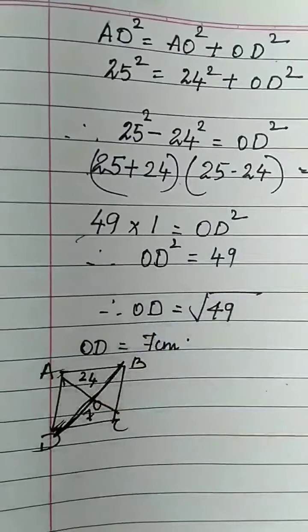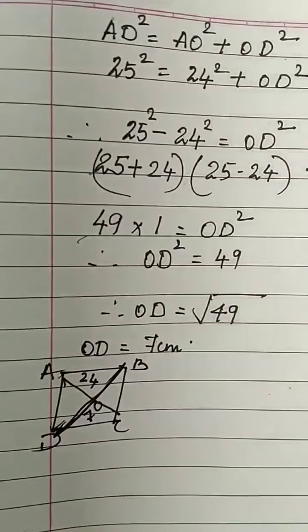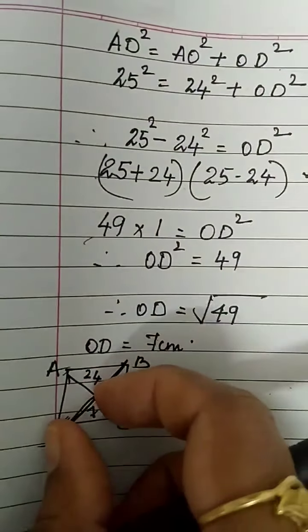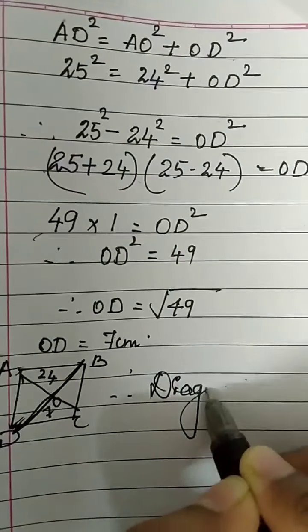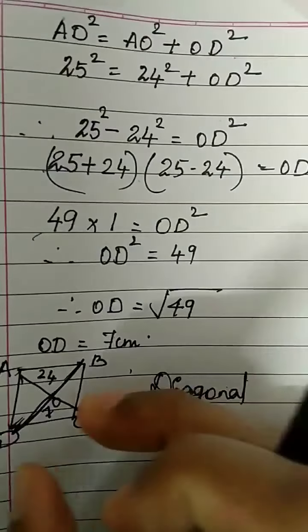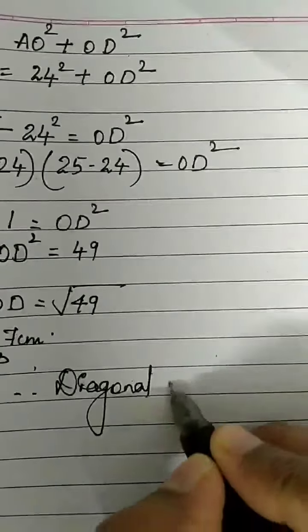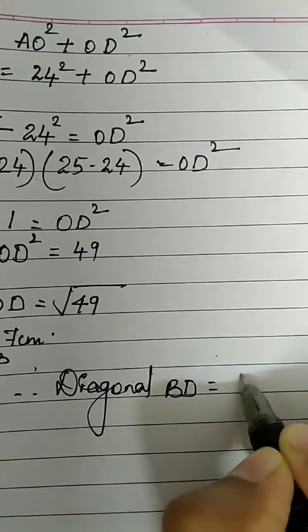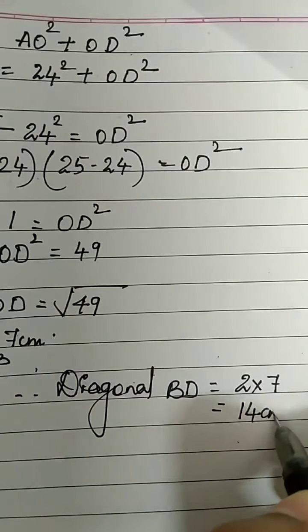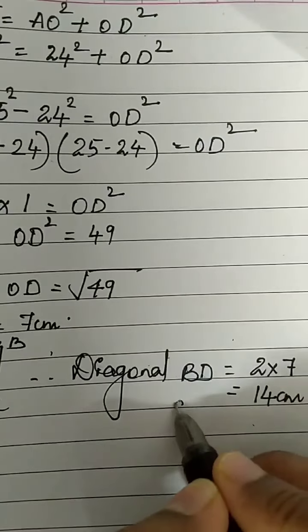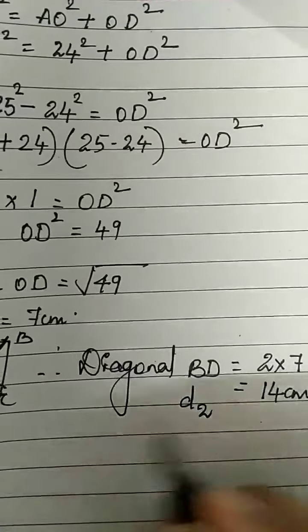Because diagonals of a rhombus are perpendicular bisectors of each other. They bisect. If this is 7, the other will also be 7. So therefore, what is the name of the second diagonal? BD is equal to 2 into 7, which is equal to 14 centimeter. So diagonal BD is the second diagonal D2.